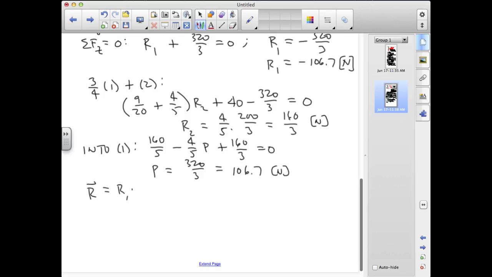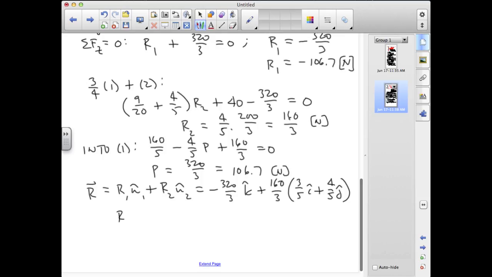R equals R1 U1 plus R2 U2, and that's minus 320 over 3 in the K direction plus 160 over 3 times 3/5 I plus 4/5 J. And if I collect those terms, I end up with a value of R that's equal to 32 I plus 42.67 J minus 106.7 K newtons.